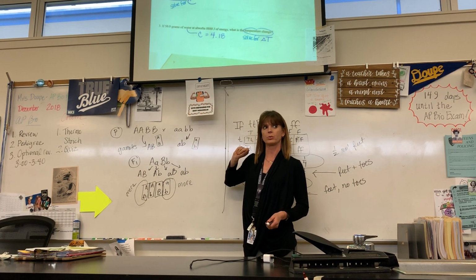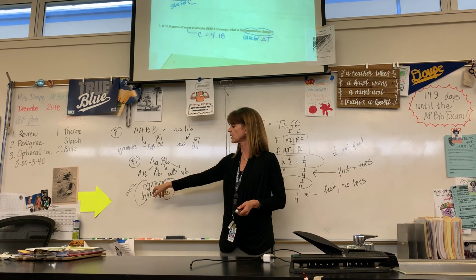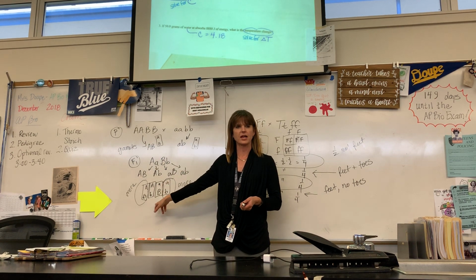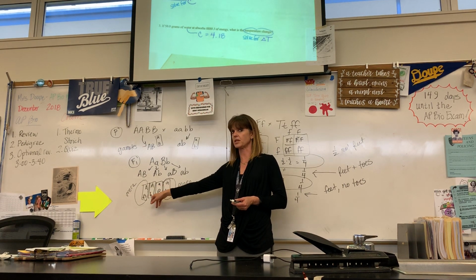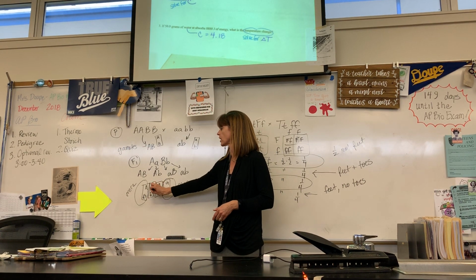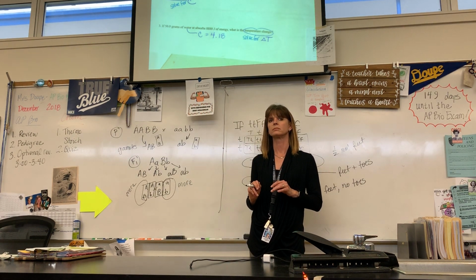If my original genotype was like the recessives were together and the dominants were together, in order to have this swap, I'm going to have crossing over, right? For my child to inherit a capital A and a lowercase b, there would have had to be crossing over kind of in between here. Does that part make sense?